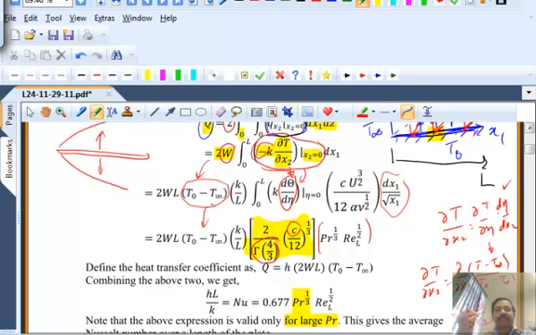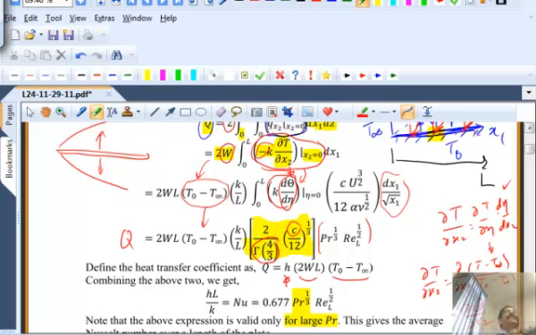And the last step that we want to do is on the left hand side, remember we have Q. Q is equal to this big expression that we have on the right hand side. But Q can be defined as a heat transfer coefficient multiplied by the area multiplied by the temperature driving force. So Q can be evaluated either from the temperature gradient or by introducing the heat transfer coefficient.